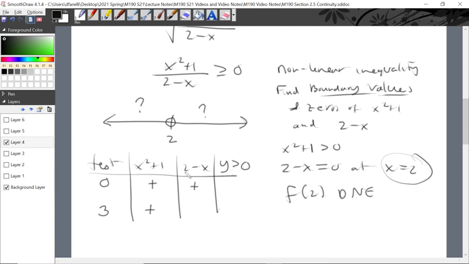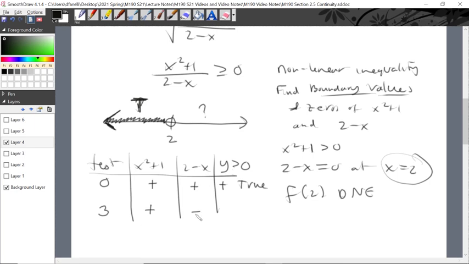A positive divided by a positive is positive, so this statement is true as long as we're choosing a value of x less than 2, within the domain of our function. So it's true within this subinterval, negative infinity to 2. Now what about if we choose x equals 3? Plug it into 2 minus x, we would get a negative number.